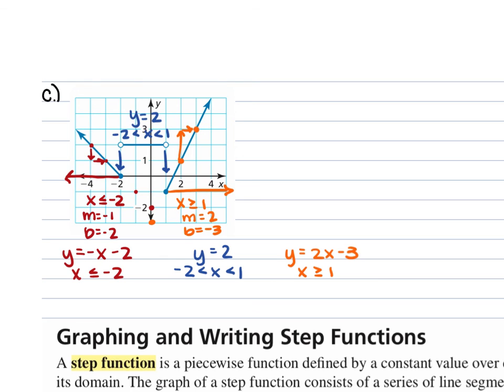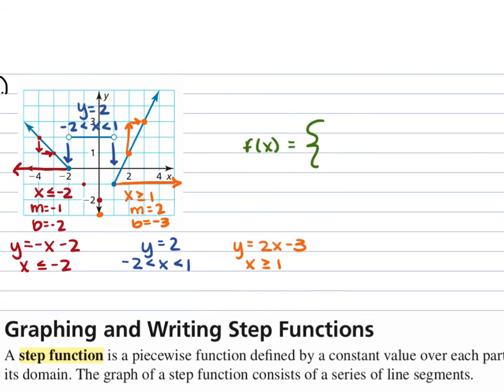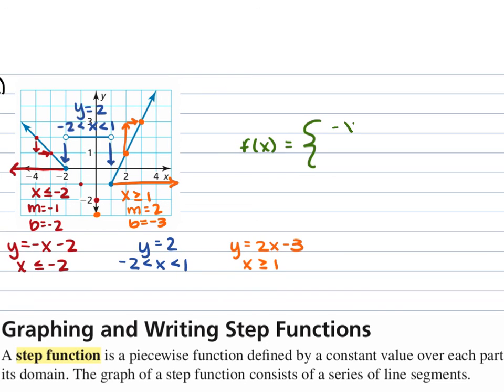When I write this as the piecewise function, I'm going to name it f of x is equal to, I'm going to have 3 function rules that I'm working with. The first one is that negative x minus 2 if x is less than or equal to -2.